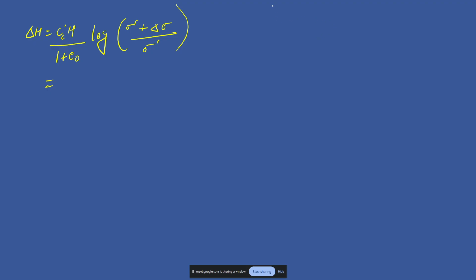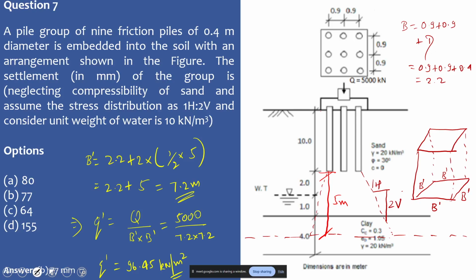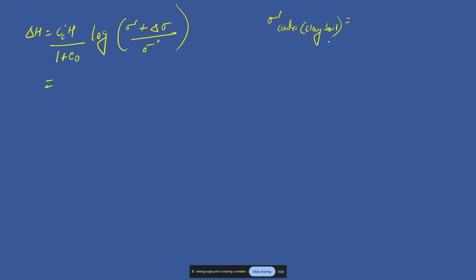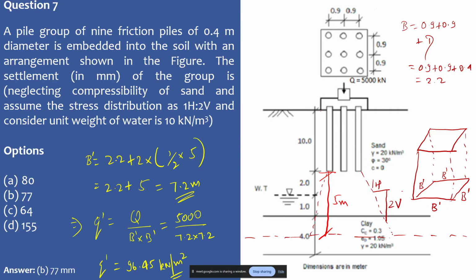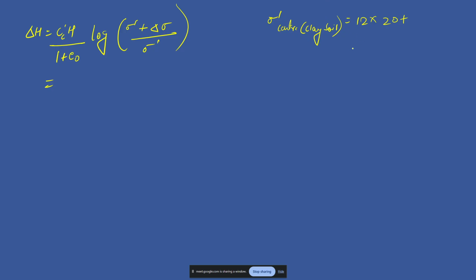So sigma dash at center of clay soil is given by 10 to 12 into your gamma, which is 20 kilonewton per meter cube. Then you are having water table for 1 meter. So 20 minus 9.81.